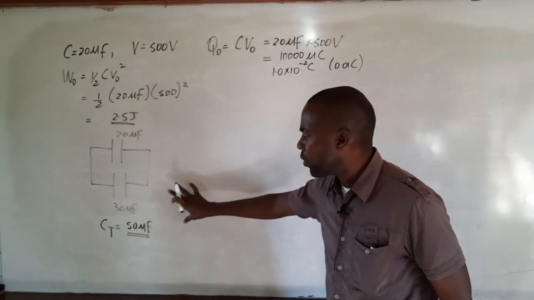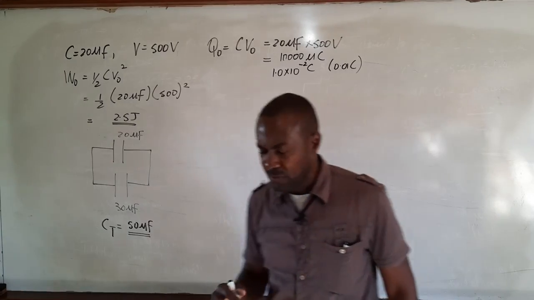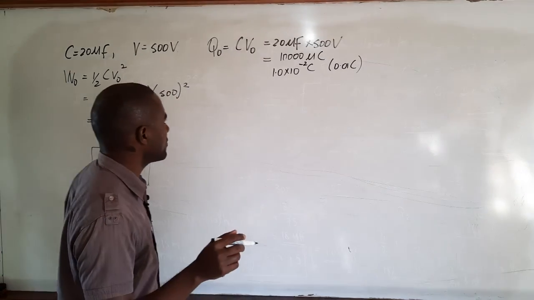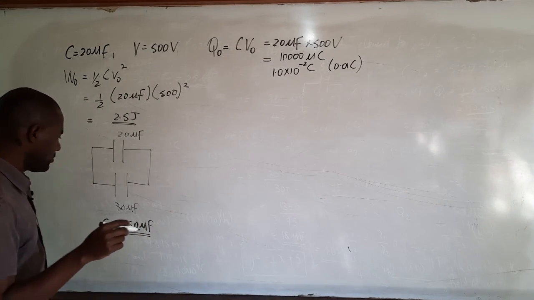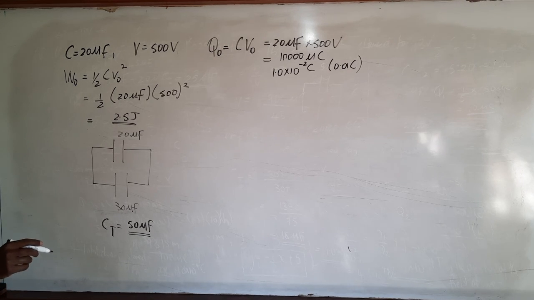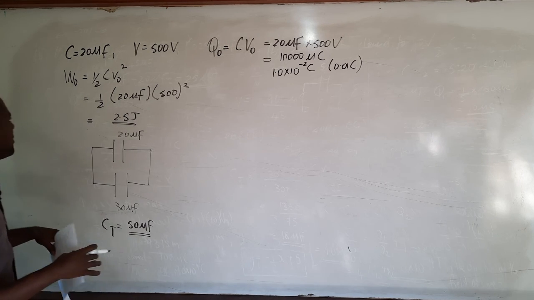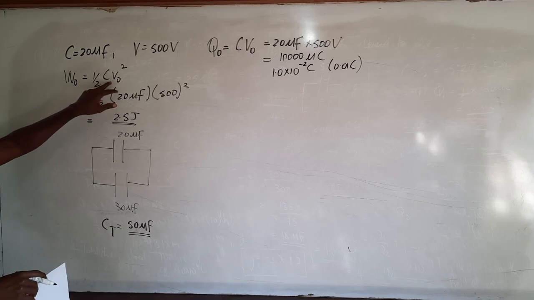And now that we found the total capacitance CT, we can then find the total energy stored. This time, however, we're not going to be able to use this formula because obviously we don't have the PD.